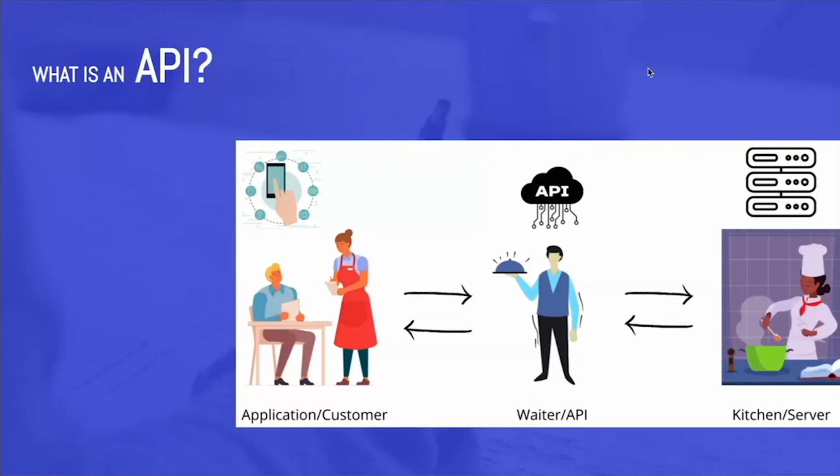So the customer is nothing but the application. The waiter is the API, a messenger that communicates between the server and the application. It gets the request from you, goes to the server, gets the response, and gives it back to you.